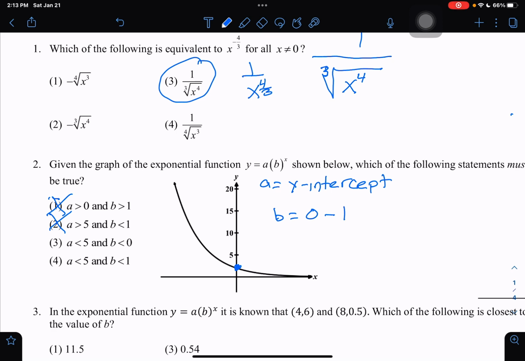So b has to be less than 1. So it's all the decimals, 0.999, 0.5, all the way down to 0.0011. So this one's going to be number 4. b can't be less than 0 because we can't have negatives.